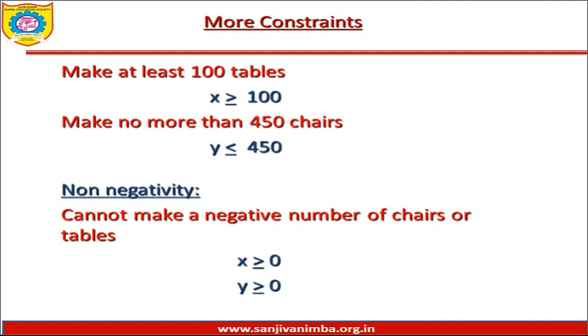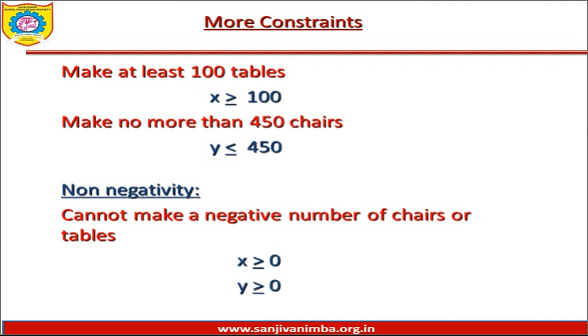So your y has to be compulsorily less than or equal to 450, which is another constraint equation. Secondly, non-negativity condition. दोस्तों, आप निगेटिव नंबर ऑफ चेयर्स और कुर्सियां नहीं बना सकते हो. So x is greater than or equal to 0 and y is greater than or equal to 0.